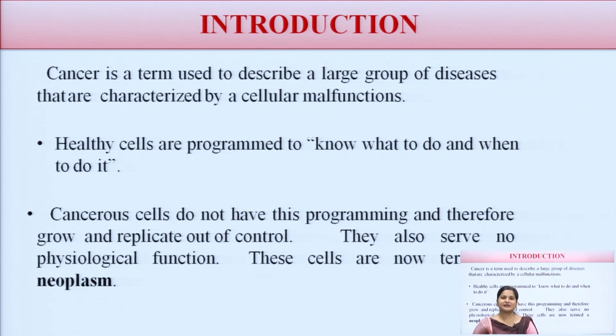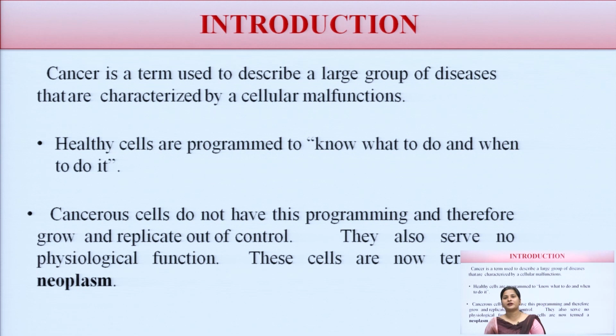So basically, what is cancer? Cancer is a large group of diseases characterized by cellular malfunctions. Cellular malfunctions means the cell can't recognize what it does, what the functions of the cell are; it just forgets, follows the wrong pathway, and causes malfunction of cellular activities. For example, in normal cells, the mitochondria is a cell organelle.